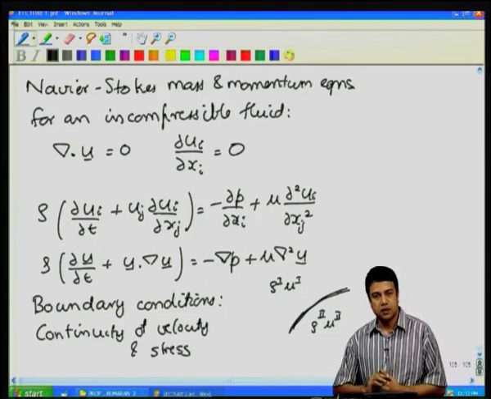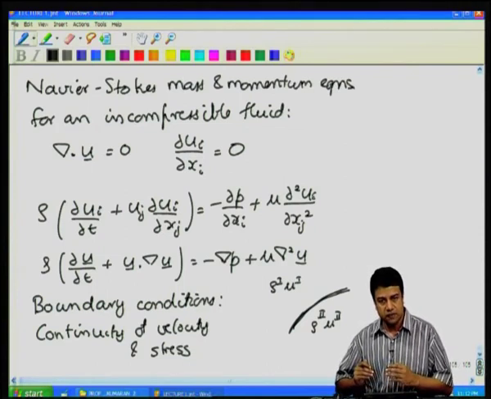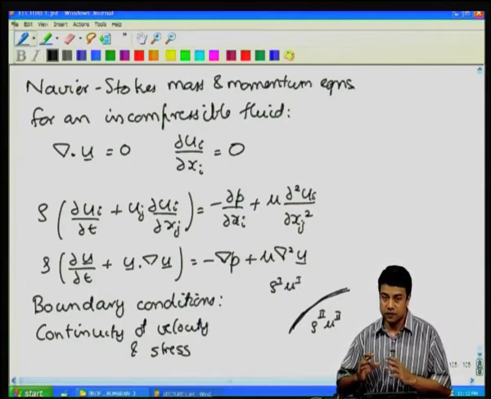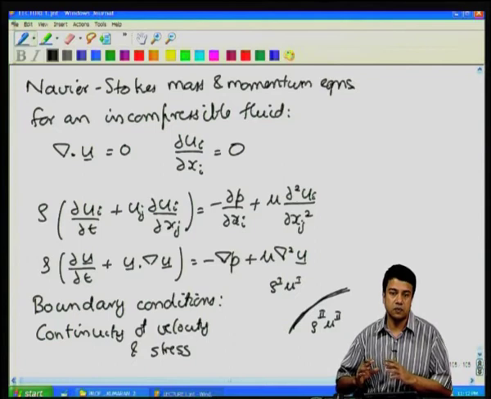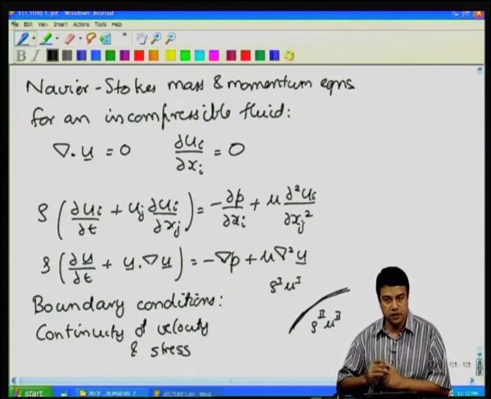That means continuity of velocity means at the interface, the velocity in fluid 1 has to be equal to the velocity in fluid 2. That is, all three components of the velocity in fluid 1 have to be equal to the appropriate components of the velocity in fluid 2.